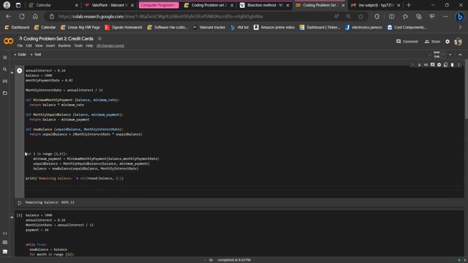So essentially what's happening here is it's iterating. I is supposed to be like month, and it's iterating through the months, and we're saying the minimum payment is equal to the minimum monthly payment, the formula that we have for the minimum monthly payment, which consists of the balance and a minimum rate.